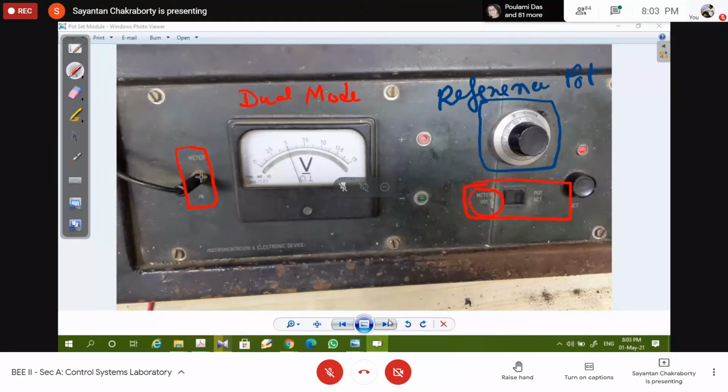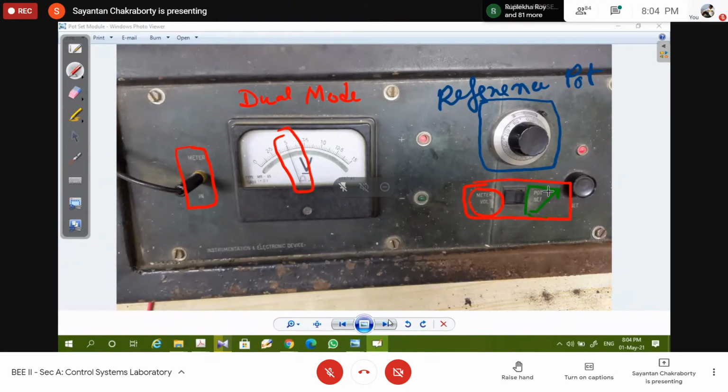Whatever signal is coming over here, it will display that value using this needle. But if you toggle the switch to the pot set position, then what will happen? It will not show the value of this signal. So what will it show? It will show the reference value minus that value.